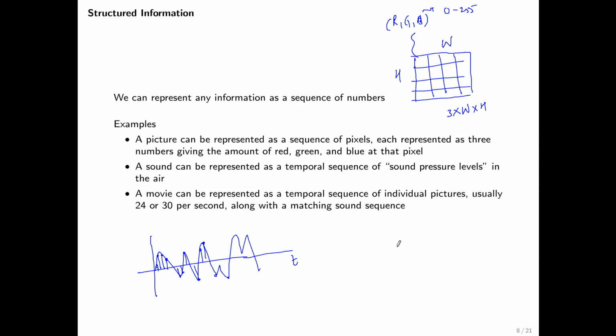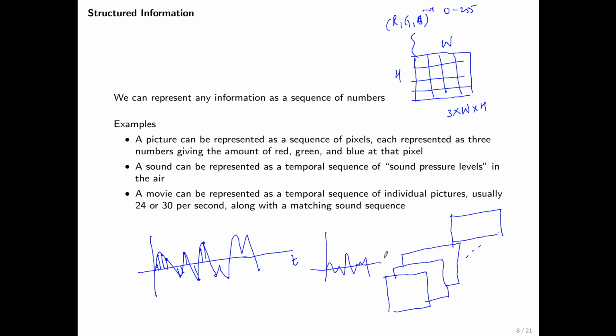Okay, what about a movie? Well, a movie is nothing but a sequence of pictures, right? At a certain frame rate, 30 frames per second or whatever. And then there is also an accompanying audio that goes along with the sequence of pictures. We know how to represent each of these pictures using the idea that we talked about, and we also know how to represent the audio signal as a sequence of numbers.